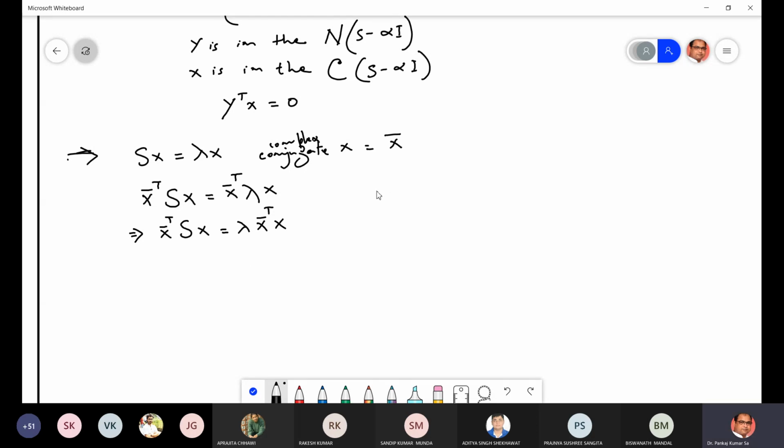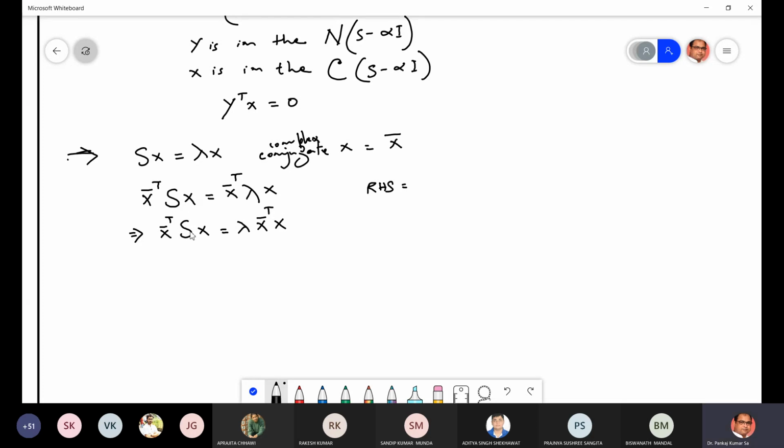Now just look at the right hand side. It is some scalar quantity. Okay, how do we prove this?